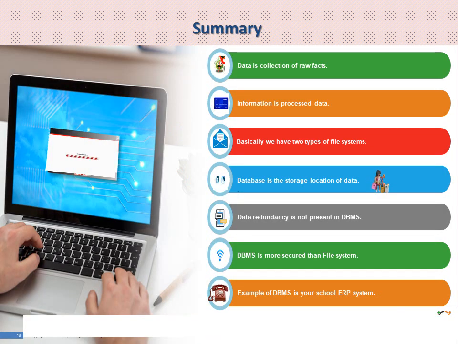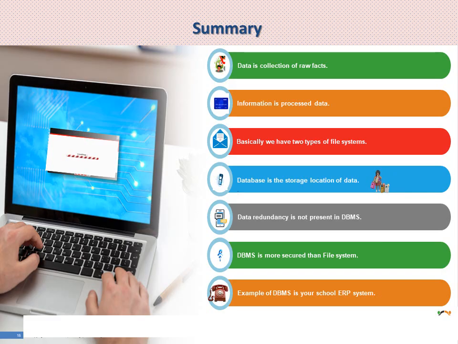Let us summarize the concepts which we have learned in this video. First, we learned that data and information are two different things. Data is a collection of raw facts and figures, while information is processed data. So the false concept that data and information are the same has been cleared.